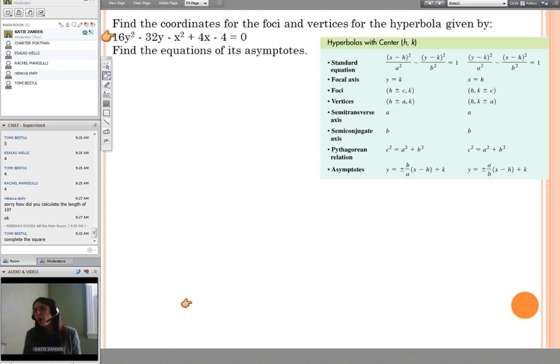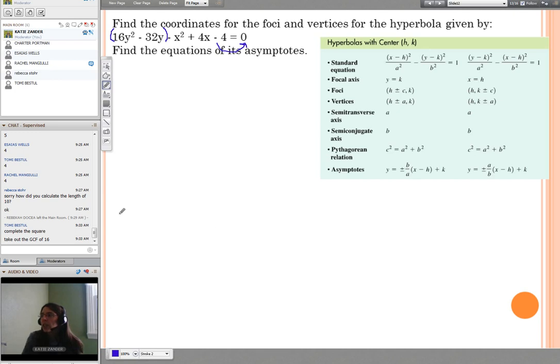I noticed that the y's are grouped together, and the x's are grouped together already. So I'm just going to move that constant to the other side. We'll move this 4 to the other side by adding it, and then we will work on completing the square. When I group the y's together, in order to complete the square, what has to be done first?